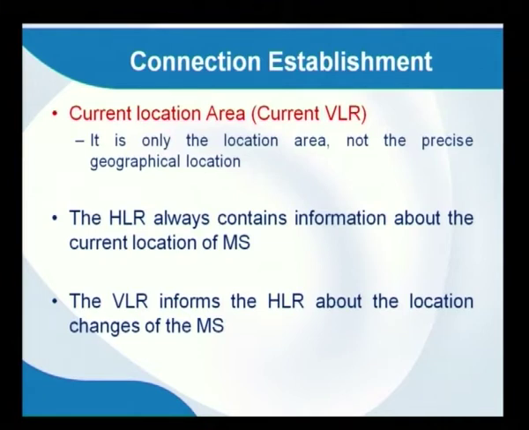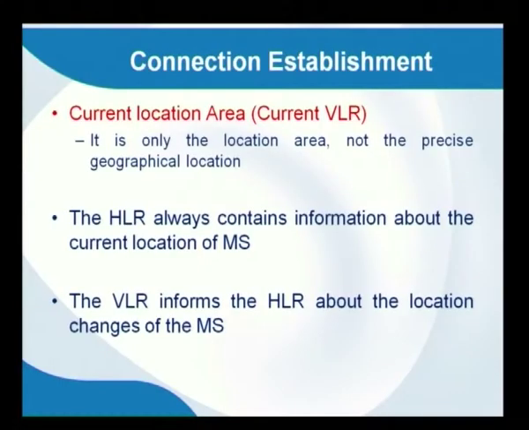The VLR or the current location area is not a precise geographical location. Actually, the data in VLR does not give the exact latitude, longitude of a user. Instead, it gives the current location area. After collecting the information about the mobile users, the VLR shares this information with the home location register.